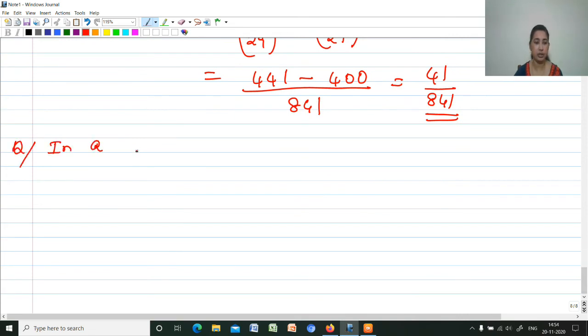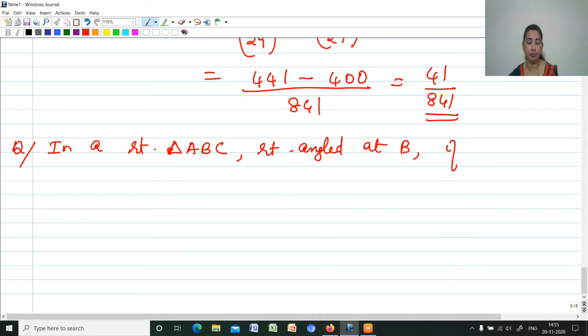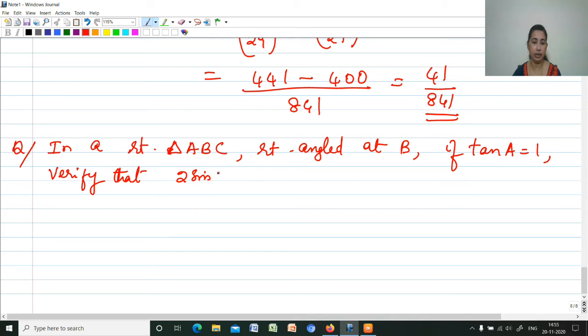In a right triangle ABC, right angled at B, if tan A is equal to 1, verify that 2 sin A into cos A is equal to 1.